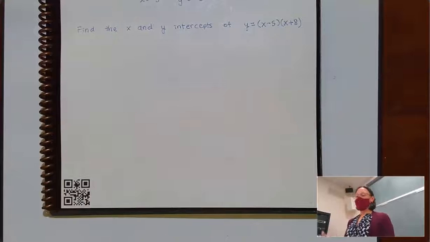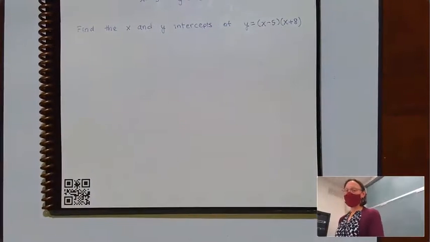So this time I'm not asking you for the vertex. We should not try to complete the square because I'm not asking for the vertex. I'm asking for the X and Y intercepts.